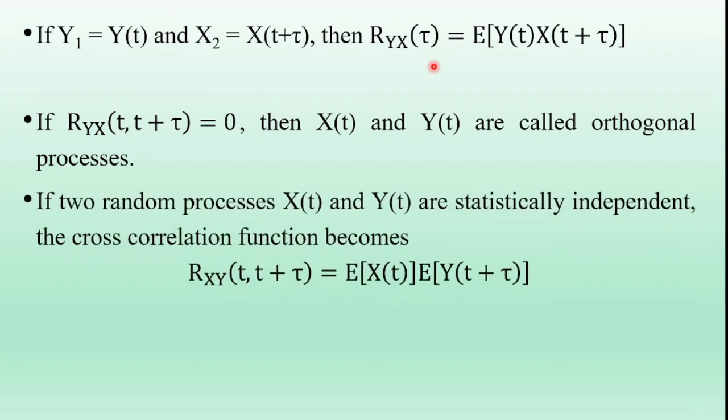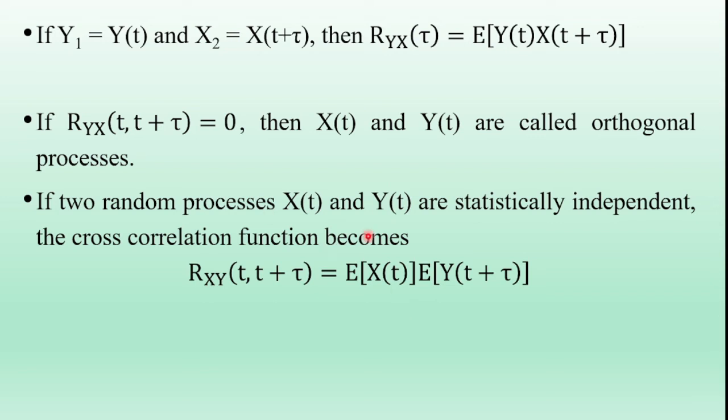If two random processes x(t) and y(t) are statistically independent, the cross correlation function becomes Rxy(t, t plus tau). What is the cross correlation function between two random processes by definition? Rxy(tau) or Rxy(t, t plus tau) is equal to the expectation of x(t) into y(t plus tau).